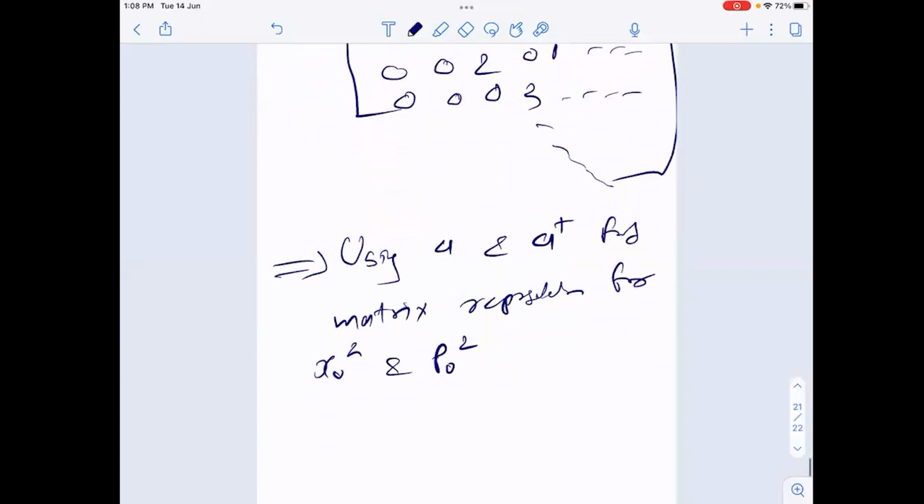Right? So x0 and p0 are your position and momentum operators for the linear harmonic oscillator. Remember it's x0, p0. Right?